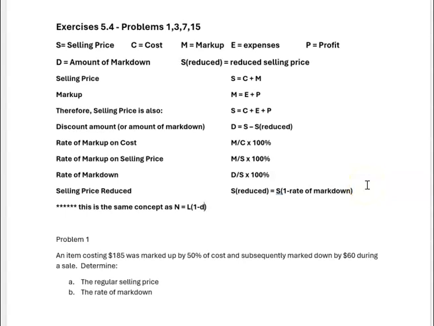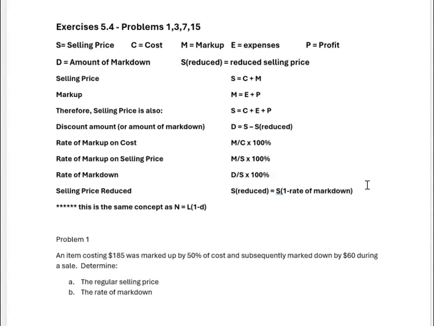The list price and the net price is when you're selling up the chain. So the distribution chain from the beginning of the chapter. So if it's the manufacturer selling to the wholesaler, or if it's the distributor selling to the retailer, they use list price and net price.